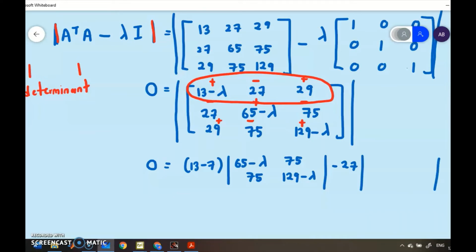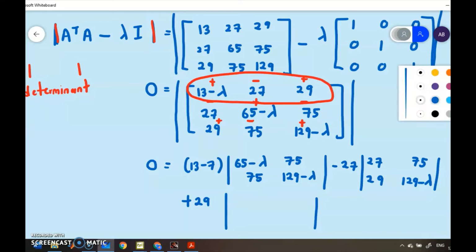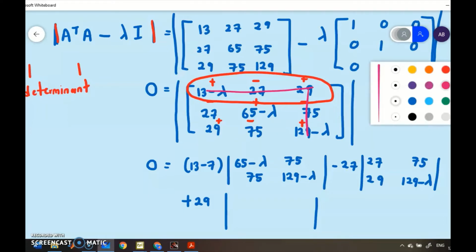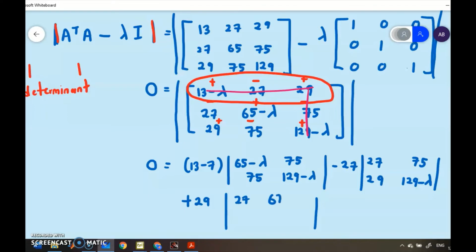If you cross out negative 27 like this, I have 27, 29, 75, and 129 minus lambda. And then plus 29. If I cross out 29, I have 27, 65 minus lambda, 29 and 75.